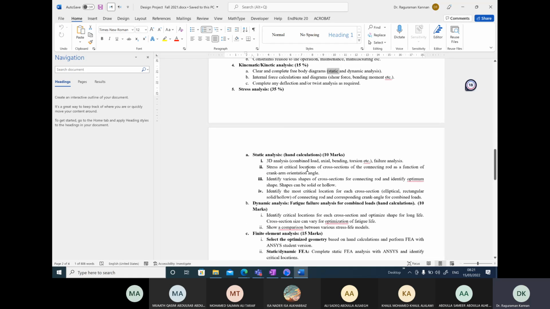That means you will apply the formulas we have seen in the slides directly and calculate the stresses, identify where the stresses are possibly maximum in the connecting rod, and identify those locations and calculate the stresses.